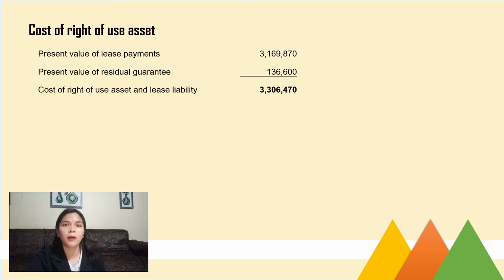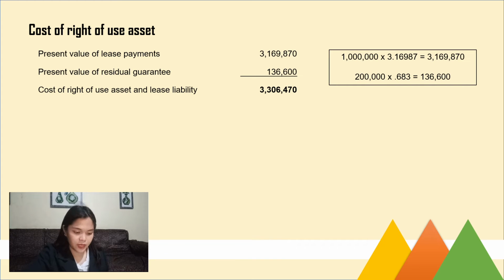How did we get the present value of lease payments? We got that by multiplying the fixed annual payment at the end of each lease year by the present value of an ordinary annuity of 1 for 4 periods at 10%, which is 3.16987. That equals 3,169,870. To get the present value of residual guarantee, we multiply the residual value of 200,000 by the present value of 1 for 4 periods at 10%.